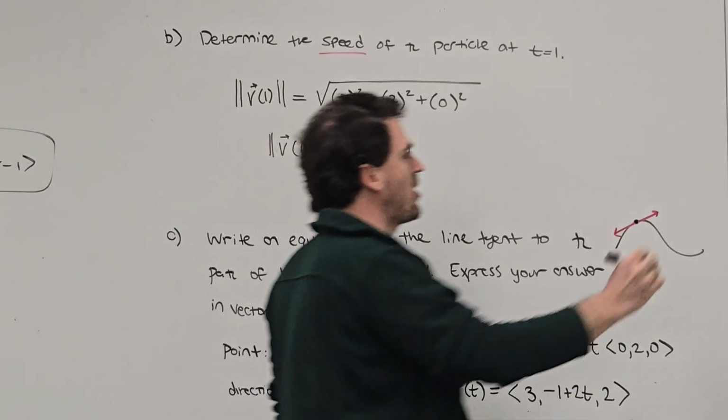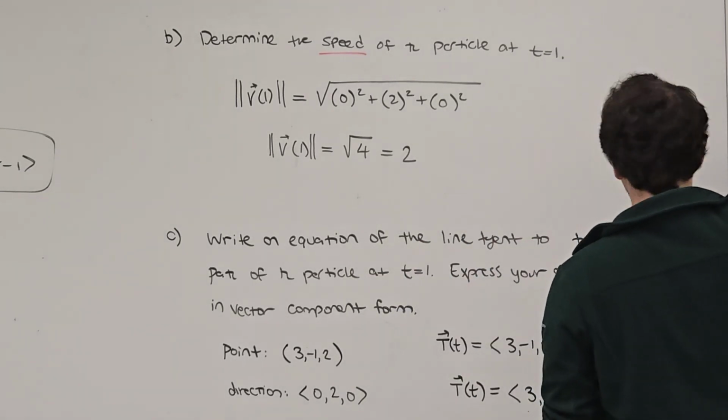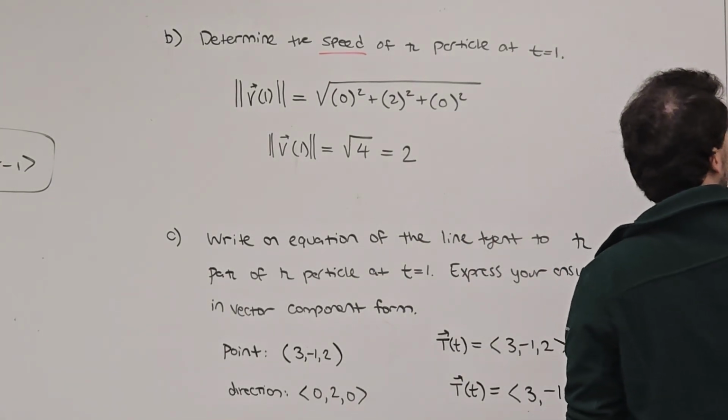So now let's make a new part that says, now use your tangent line to approximate the position at t equals 1.2.